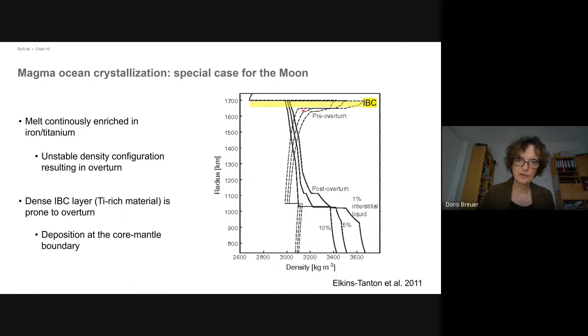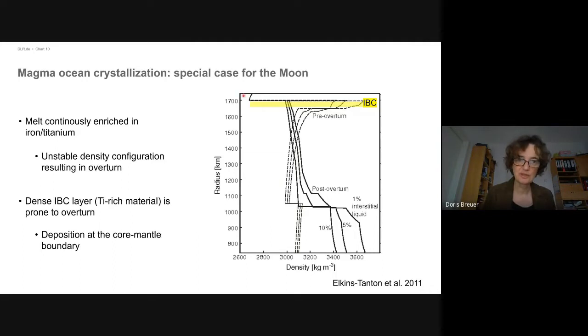And here are different profiles depending on how much interstitial melt is there. I don't want to go into detail there, but the important thing is that it is a dense layer on top of a less dense mantle, which is an unstable situation. You can imagine, this tends to sink down.